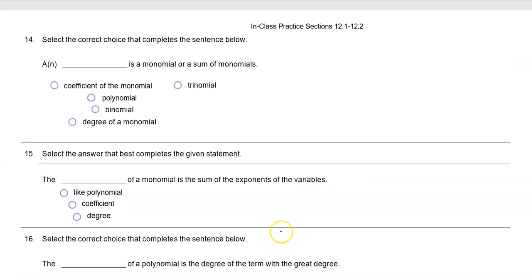Select the correct choice that completes the sentence below. A polynomial is a monomial or a sum of monomials.